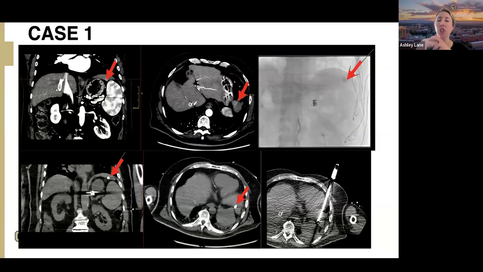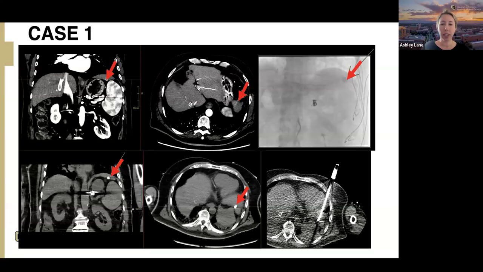They inject this agent and do an angiogram to make sure they're there to light up the tumor. And then they inject the treatment, which for Lipiodol TACE is Lipiodol carrying that chemotherapy, that emulsion. So in the top right, you see the lesion was stained and treated with the doxorubicin Lipiodol emulsion.